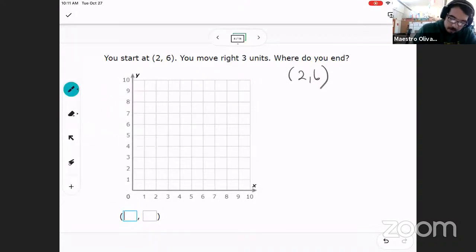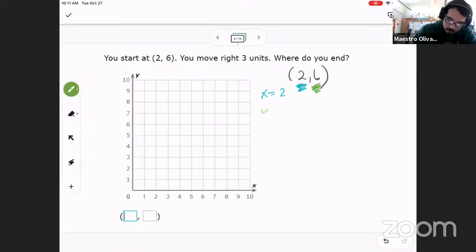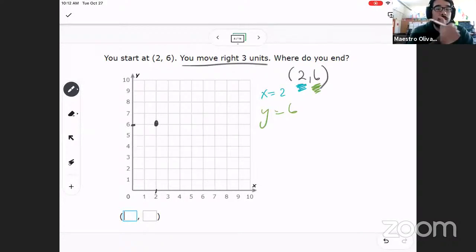From the previous problem, x equals 2, y equals 6. So when we graph it, x equals 2, y equals 6. So our point is going to be up here. We are moving 3 units to the right.